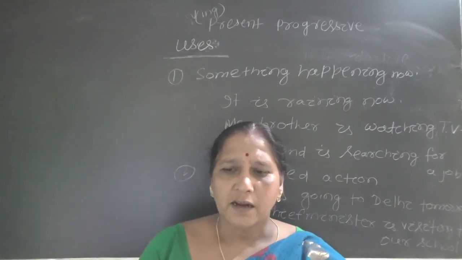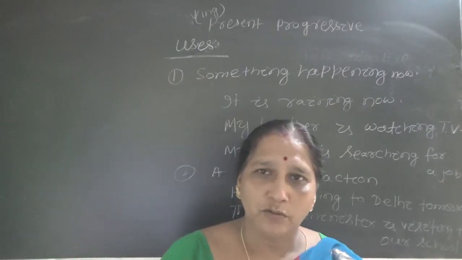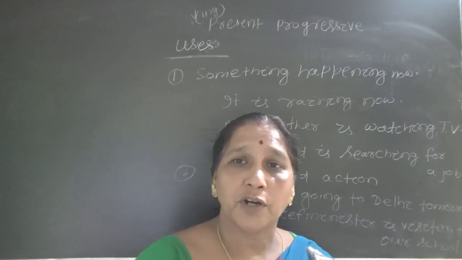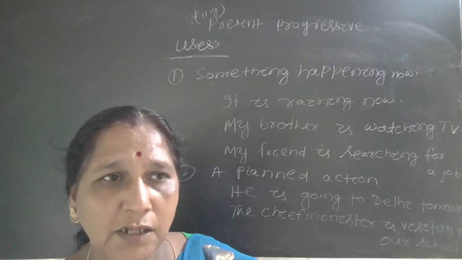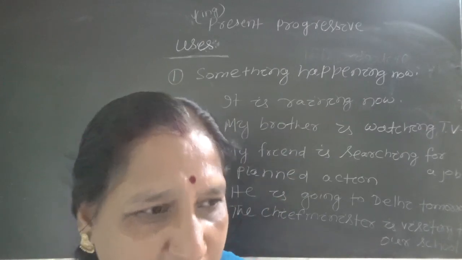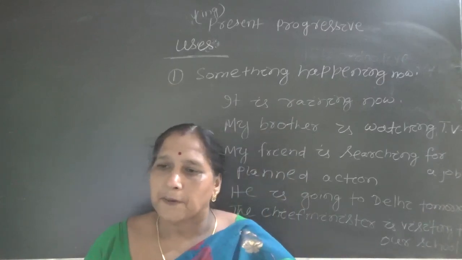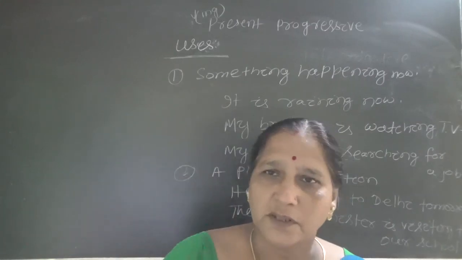Present perfect and present perfect progressive can be used for past time, not for present time. The tense is present, but the time is past. It will be discussed in the next class. Now, how we use present tense for present time has been discussed.